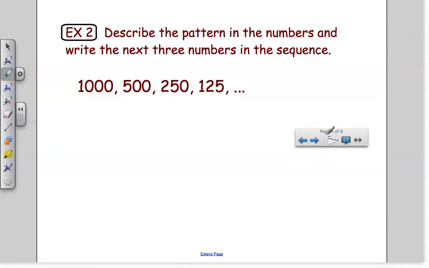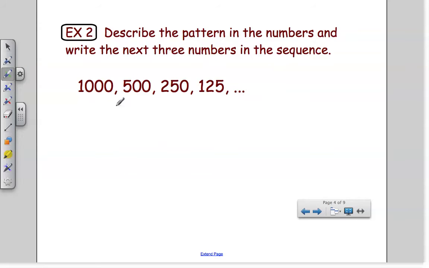Here we have a numerical pattern, and you're looking for what is happening in this sequence. So describe the pattern in the numbers and write the next 3 numbers in the sequence. What do I observe happening if I go from 1,000 to 500 to 250 to 125?